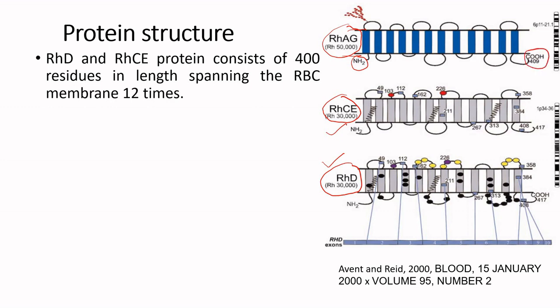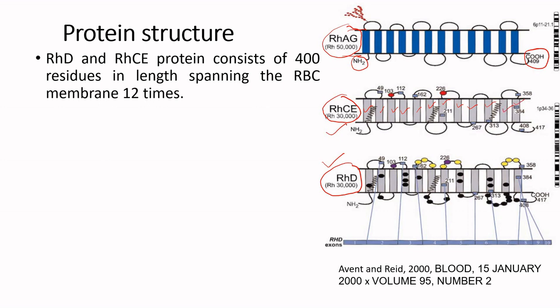You can observe that these two, RHD and RHC protein, span this RBC membrane 12 times. These bars show how many times this protein contacts this RBC membrane.